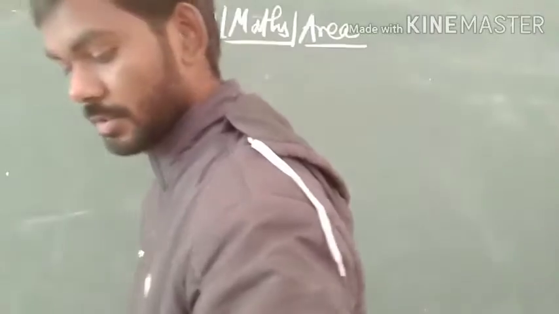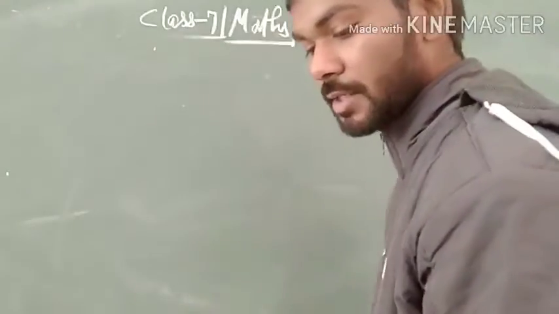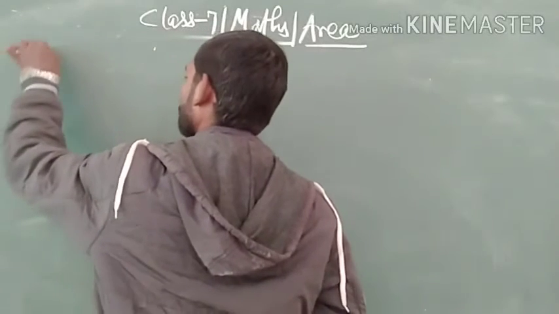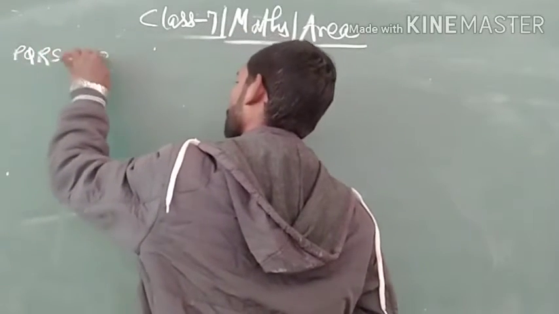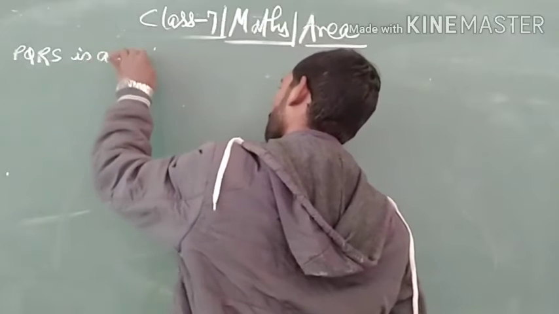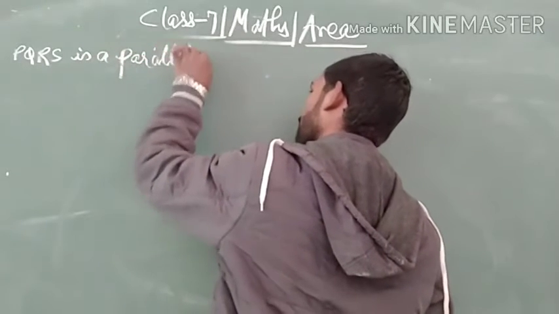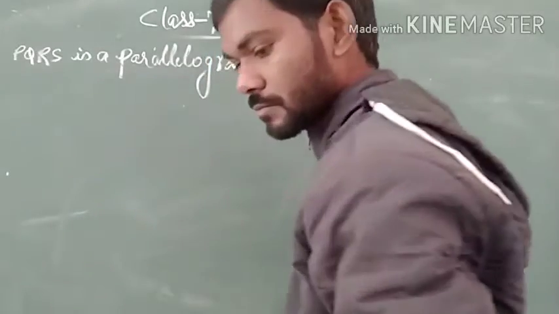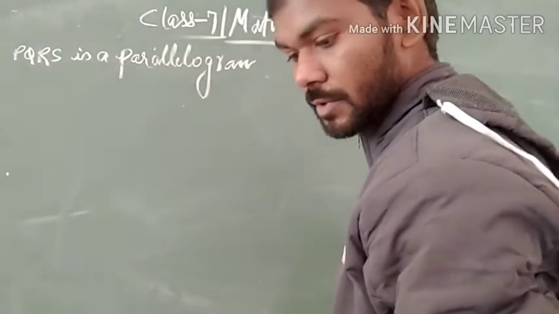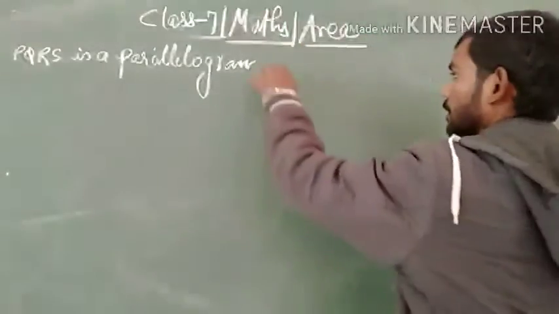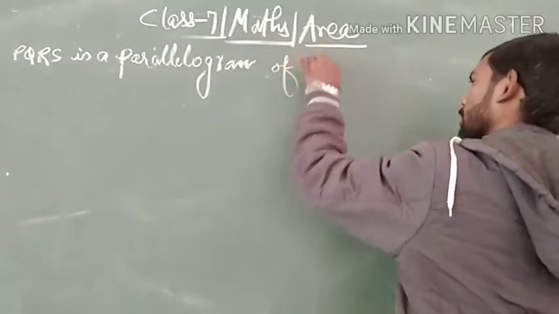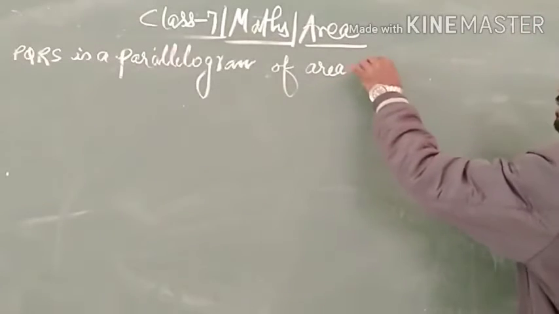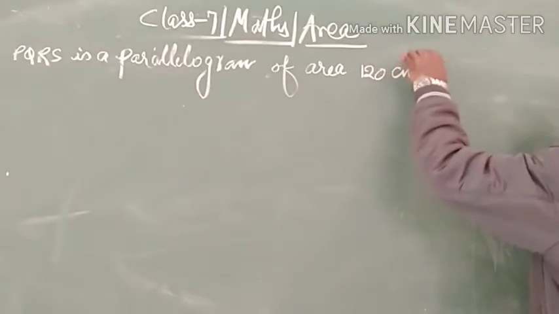The question is: PQRS is a parallelogram of area 120 centimeters square.